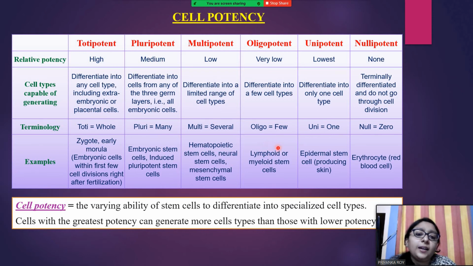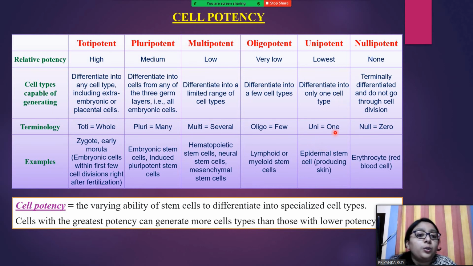So you can see that this is a small subset of stem cells and it derives from the multipotent stem cell only, but they are oligopotent because their potency is lower and they can give rise to 2 or 3 cell types. The next is the unipotent stem cell, which has the lowest potency among all these cell types. It can differentiate into only one cell type.